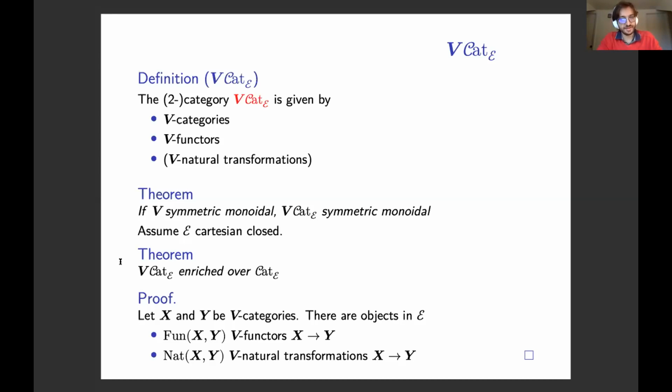Fundamentally, this consists in taking two enriched categories and constructing an internal category in E given by an object representing the functors between X and Y, and an object representing natural transformations between X and Y. And this is again possible because the internal language, which at this point is the internal language of a locally Cartesian closed category, is expressive enough to construct these objects, to internalize the definition of functors and natural transformations.